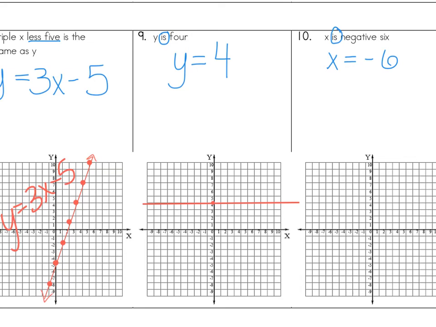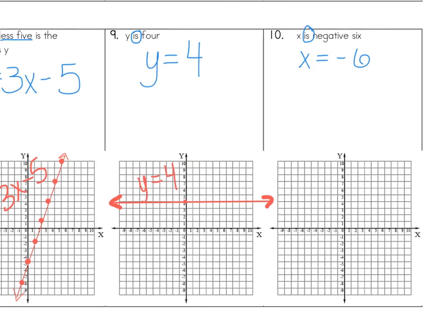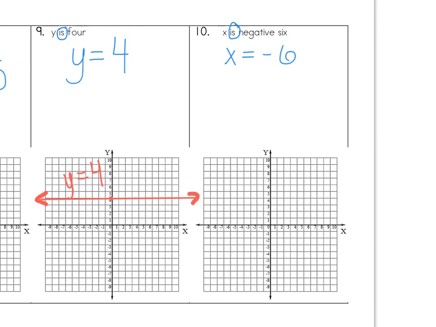So here's my line. I'm going to put arrows on the ends of it and change the thickness and just label y equals 4. Now on the flip side, so we can see this line has a 0 slope, so let's make a prediction. What do you think is going to happen when x is -6? Well, let's first plot where x is -6, so I'm going to go to my x-axis.